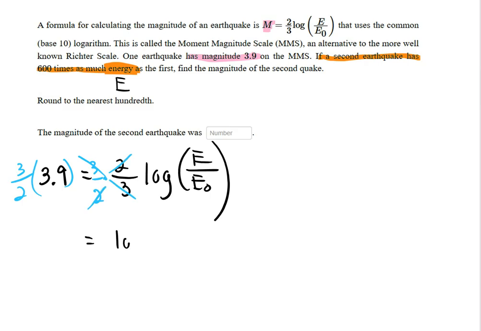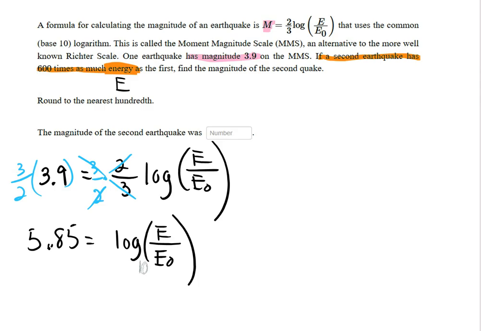And that leaves you with just the log of the E over the E sub 0. And so I am going to take, well, 3/2 is 1.5. So 1.5 times my 3.9 gives me 5.85.